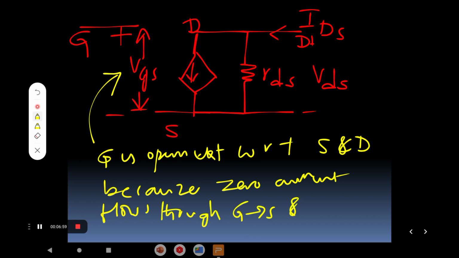So that's why it acts as an open circuit.